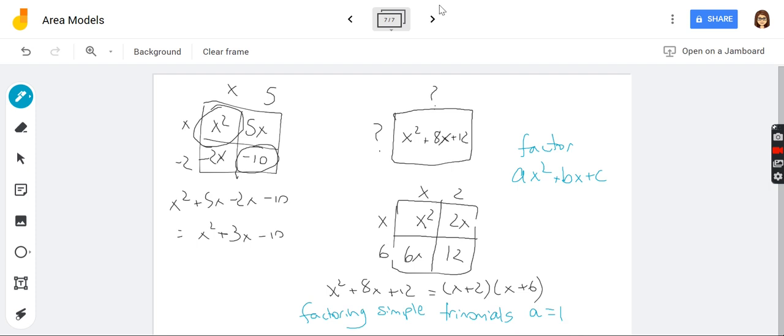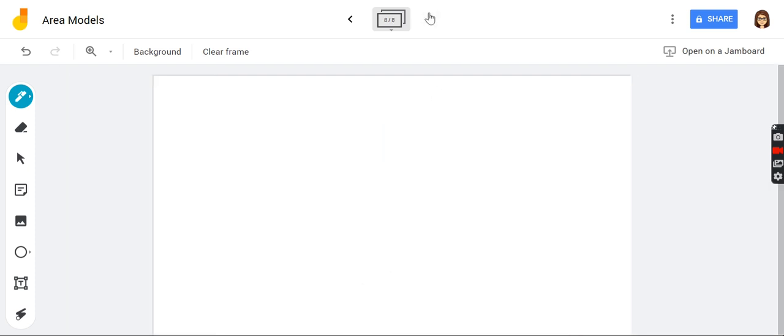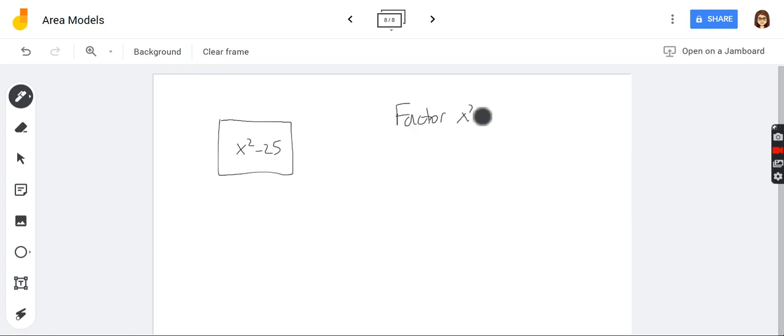All right, next. I'll show you one more, and then that'll be it for this. Okay, so again, I'm going to give you the area. So this is going to be factoring. And the area is going to be x squared minus 25. Okay, that's equivalent to saying factor x squared minus 25.